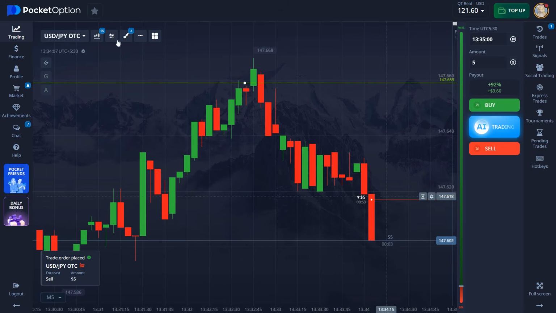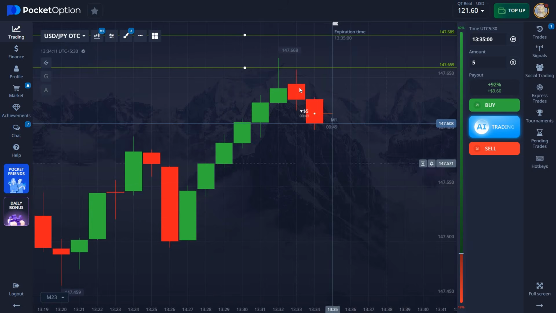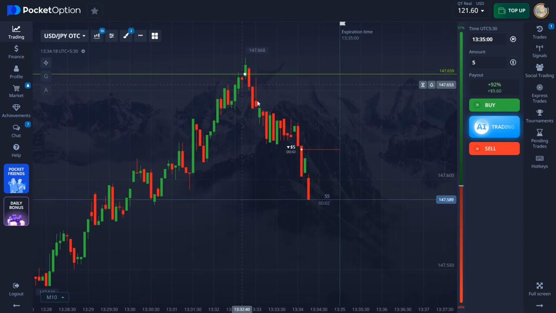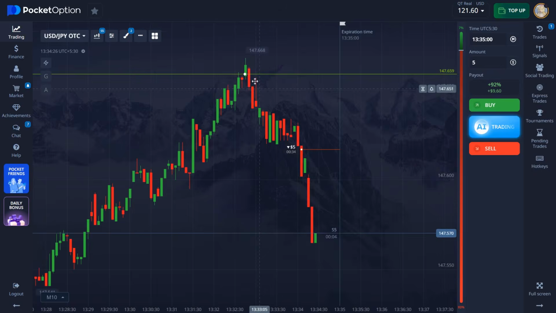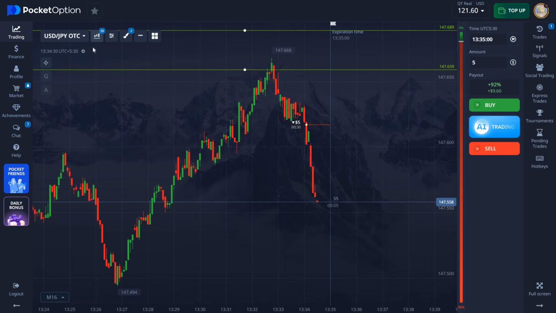I'm going to take $5 on the downside. So this is my trade because I placed it on high selling pressure. You can see the selling pressure and the confirmation candle also here, and also some rejections here. So that was the reason I placed a sell option.